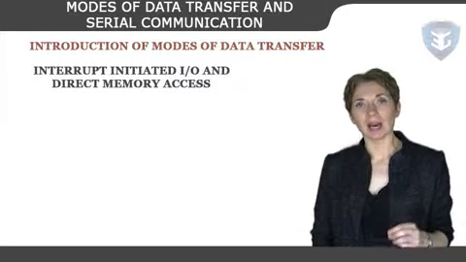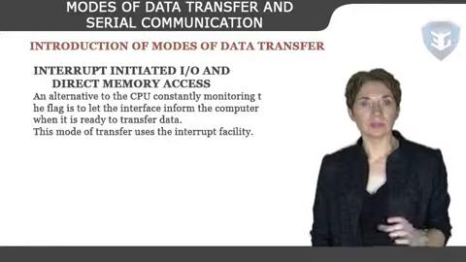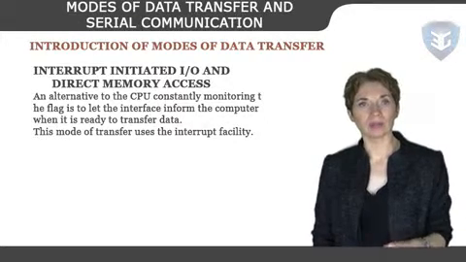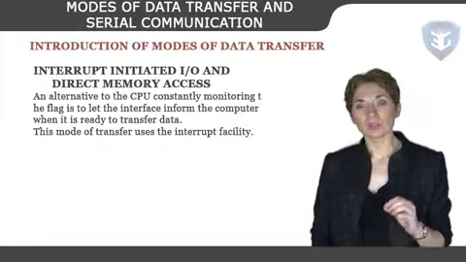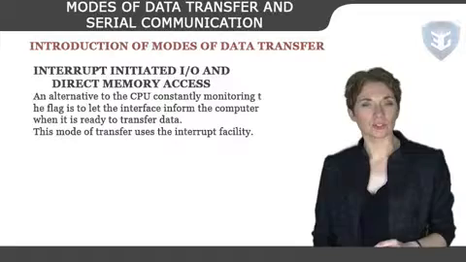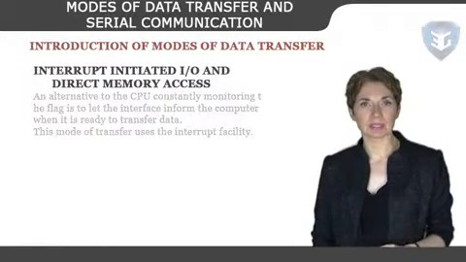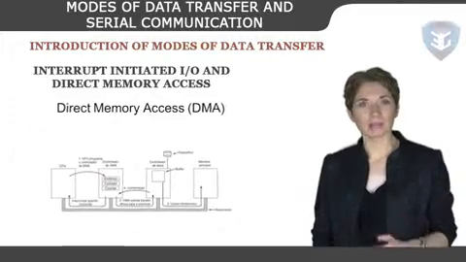Interrupt initiated I/O and direct memory access. An alternative to the CPU constantly monitoring the flag is to let the interface inform the computer when it's ready to transfer data. This mode of transfer uses the interrupt facility. While the CPU is running a program, it does not check the flag.